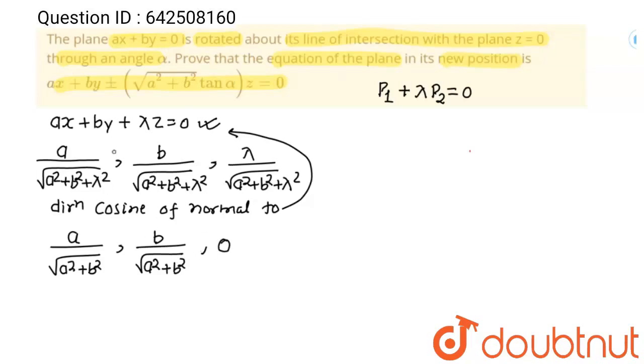Now the angle between this plane and ax plus by equals 0 is alpha, so the angle between both their normals will also be alpha.